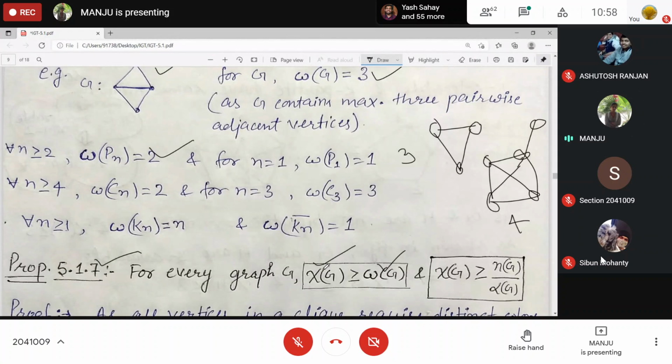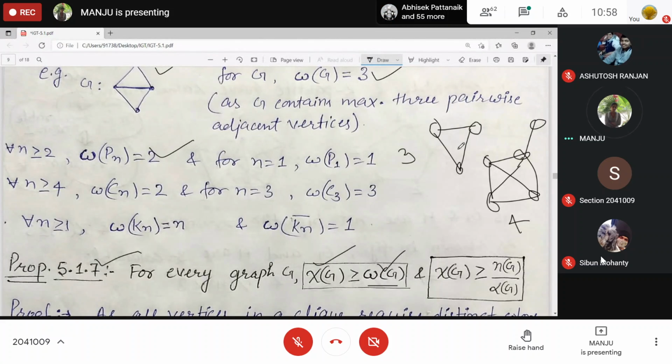That's why chromatic number has to be at least the clique number. Okay? Because K4 is present, and there may be more vertices. So to color K4 properly we need 4 colors. And if other vertices are adjacent to all of them, then we'll see.